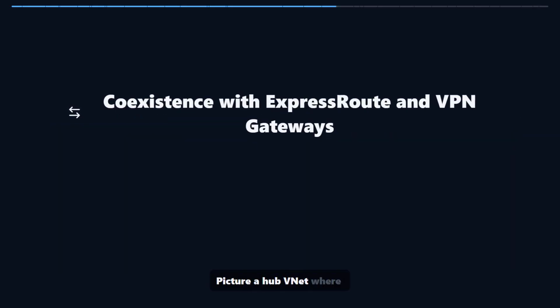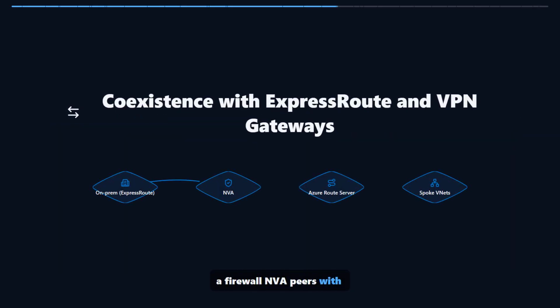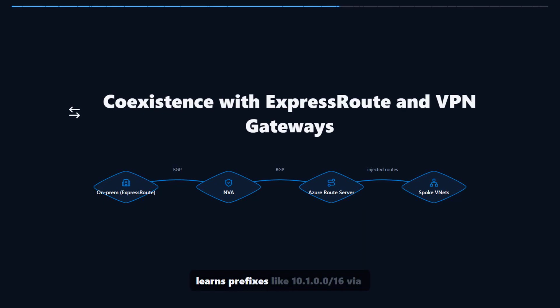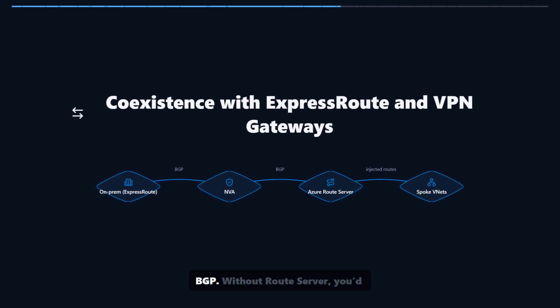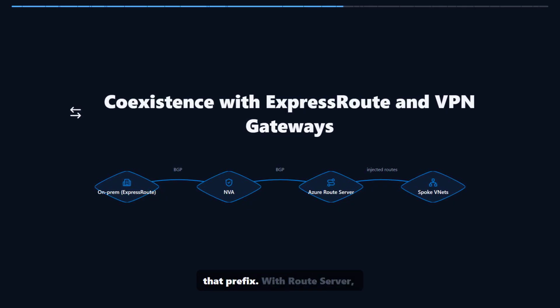Picture a hub VNet where a firewall NVA peers with on-premises over ExpressRoute. The NVA learns prefixes like 10.1.0.0/16 via BGP. Without Route Server, you'd have to write a UDR in every spoke pointing to the NVA's internal IP for that prefix.